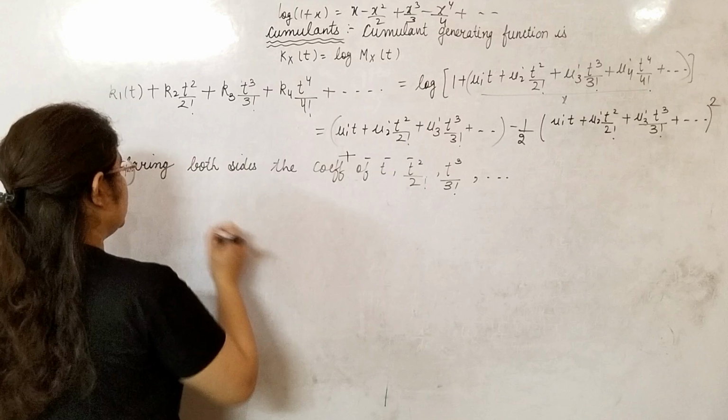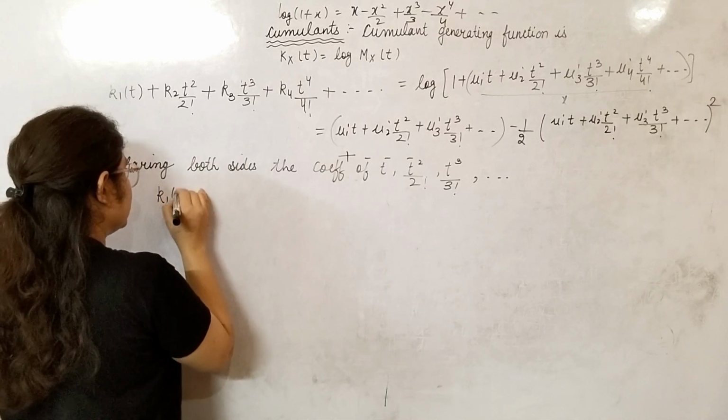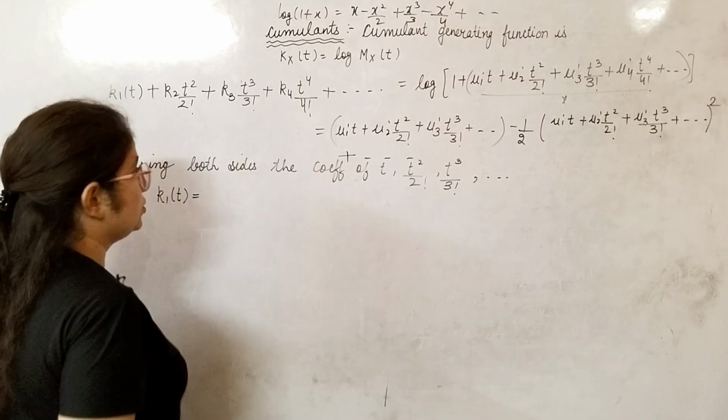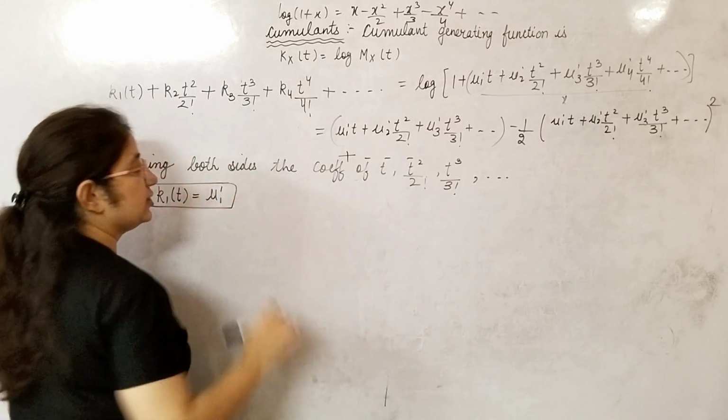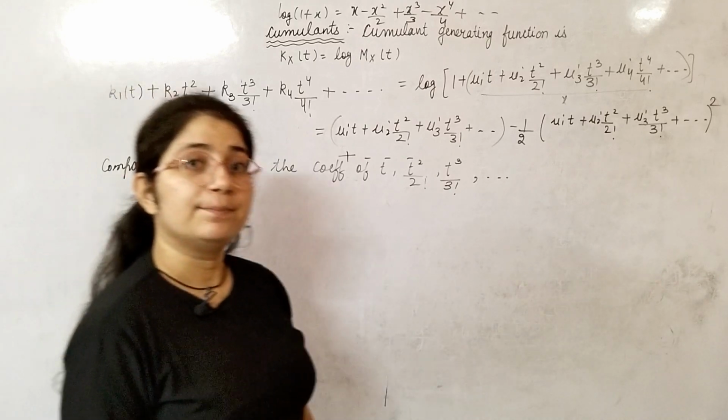So what will you get? You will get k1 is equal to mu1 dash, and the first cumulant itself is equal to the mean.